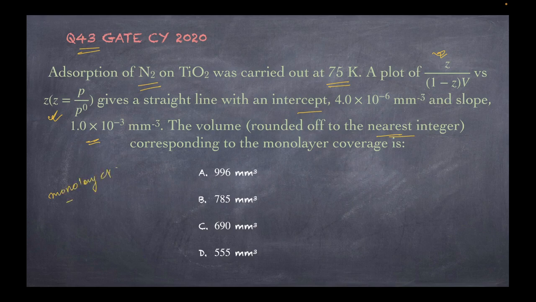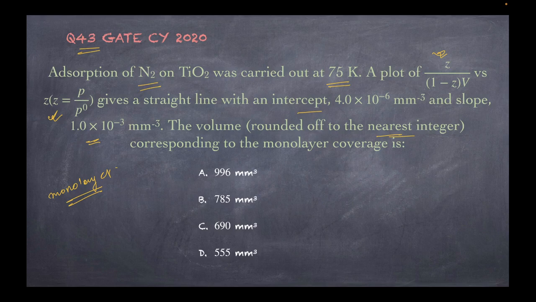So Langmuir is basically monolayer adsorption, and for multilayer, in reality, when gas adsorbs on a solid surface, it adsorbs on multiple layers. So we have to consider the multilayer adsorption process to capture the actual effects.